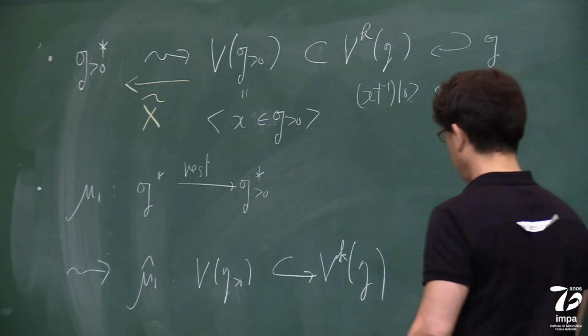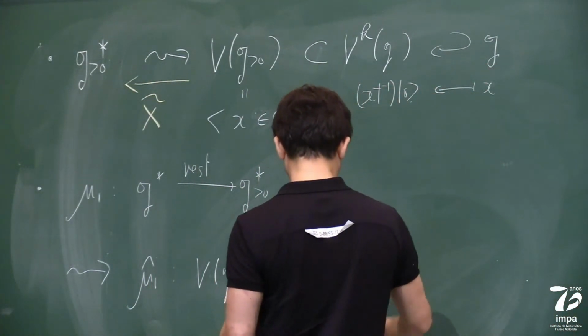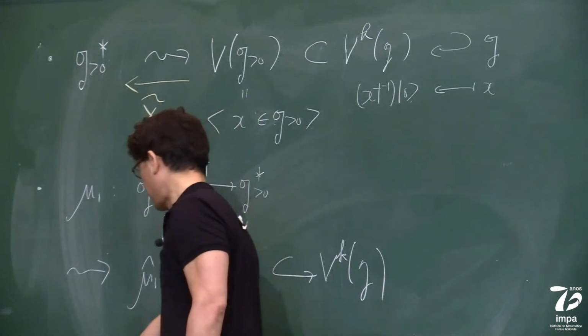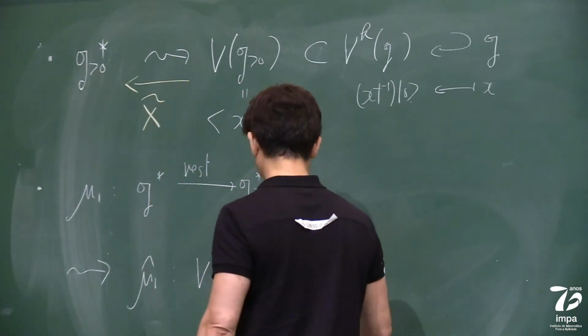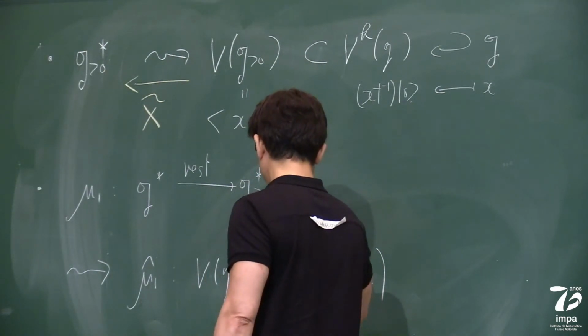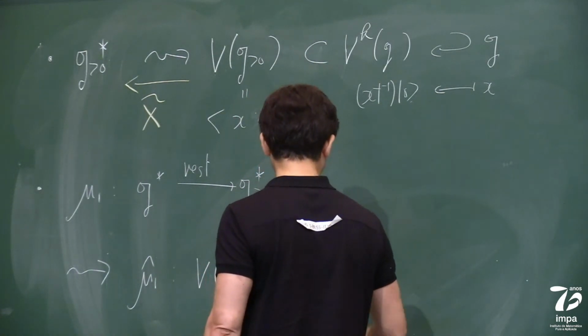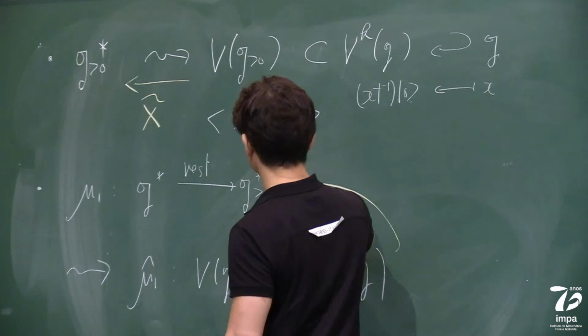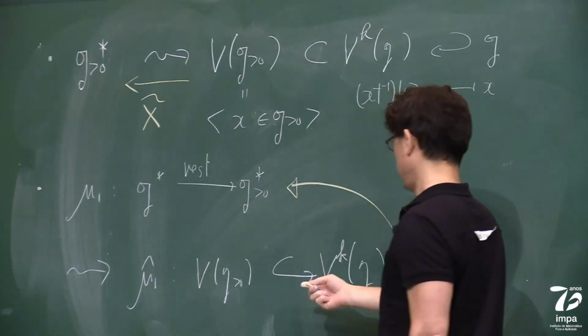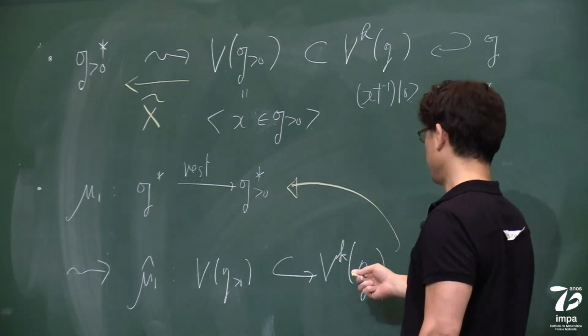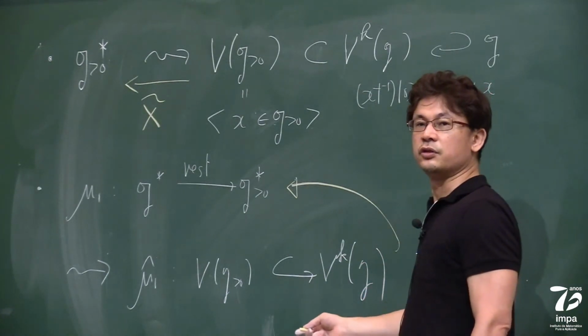And this indeed recovers this morphism, if you consider the morphism between associated schemes.